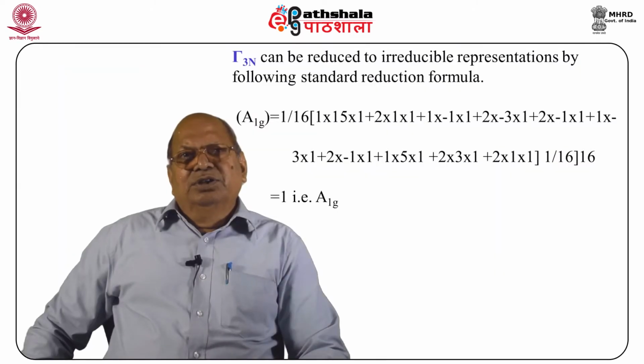Now, this tau 3n can be reduced to irreducible representations by following the standard reduction formula. In this D4h point group, what are the various irreducible representations present?